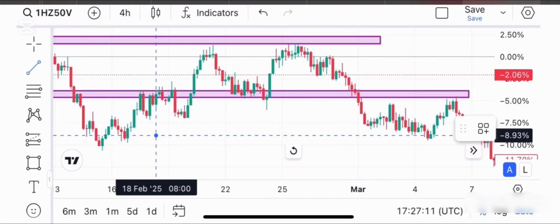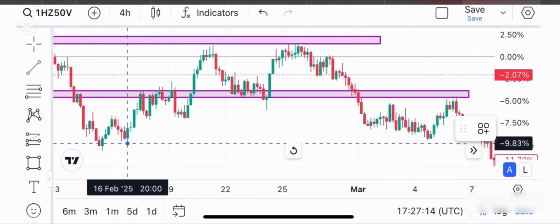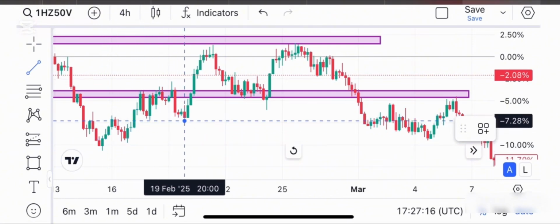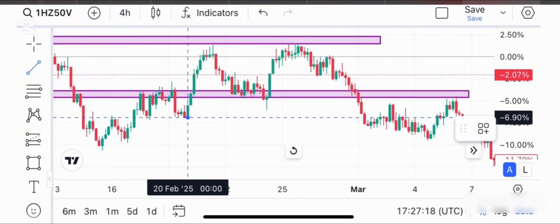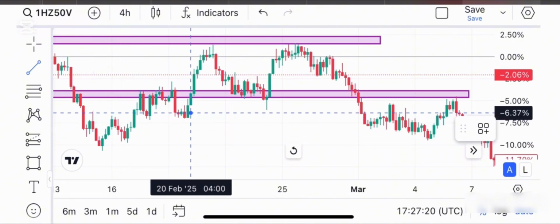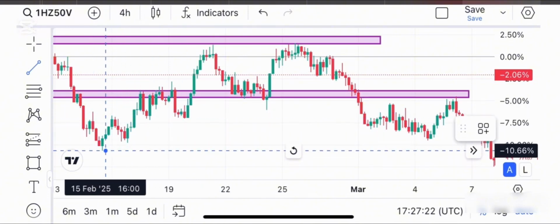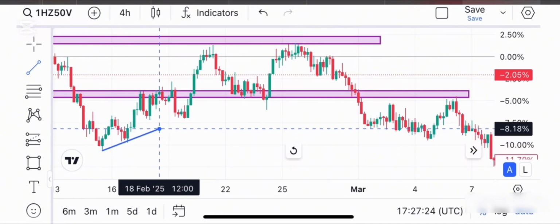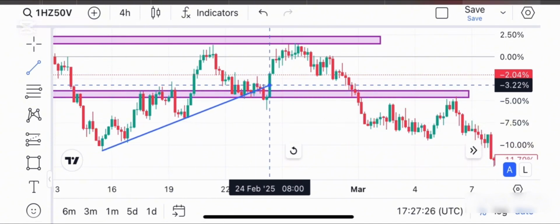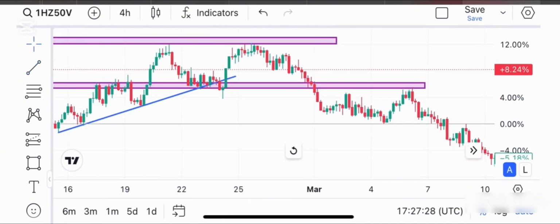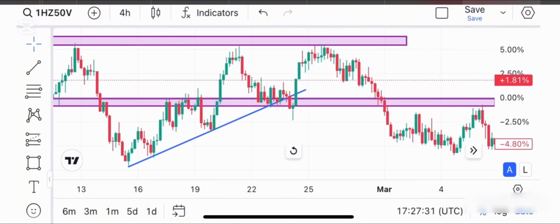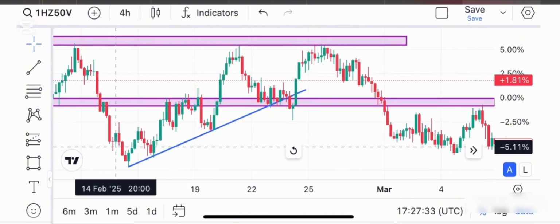Why is it that this point and this point all seem to be inclined at an angle? This is called the diagonal resistance. In other words, if I draw a line from this point and connect it all the way to this side, you will see that I have been able to project a diagonal support.